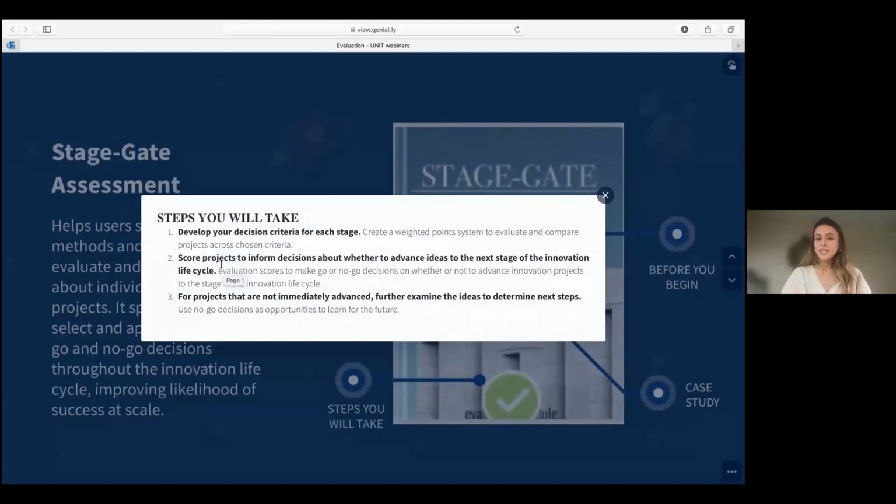And finally, to further examine ideas, the scores, and why you have given them these good or bad scores in order to have lessons learned and to determine next steps. And actually, no-go decisions are huge. They give really good opportunities to learn and to have lessons learned for the future.